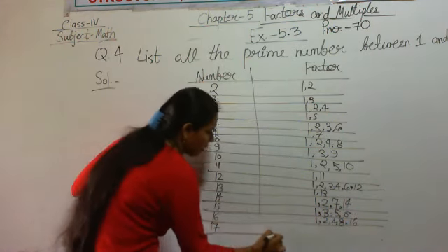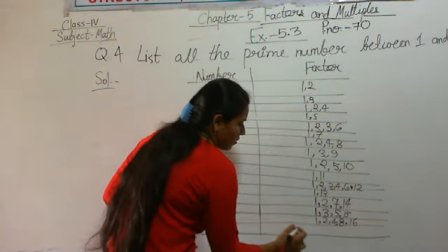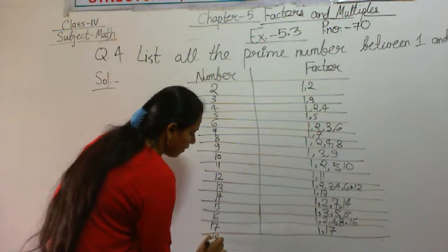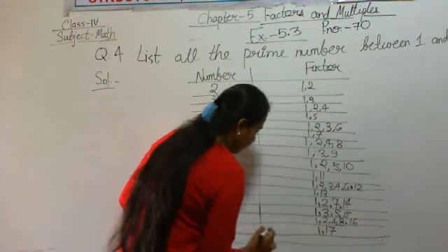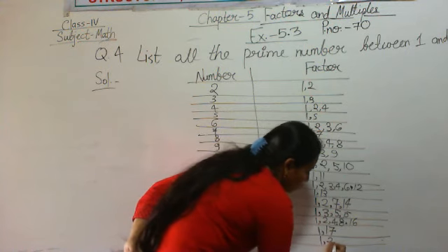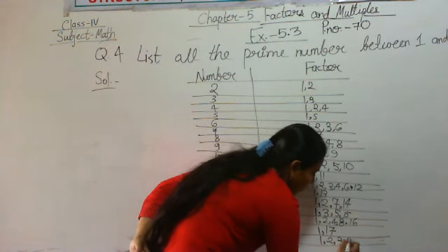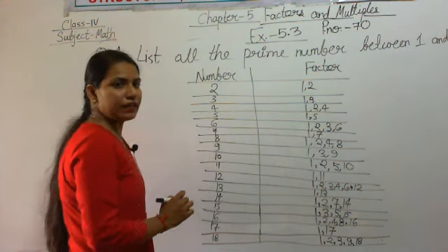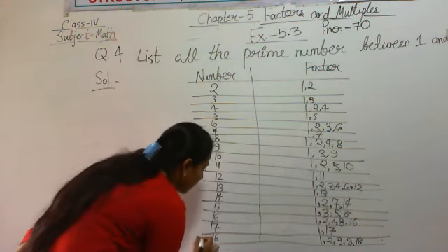Next number is 17. 1 and 17 are the factors for number 17. Next number is 18. 1, 2, 3, 9 and 18. All these are the factors for 18. And the last one is 19.